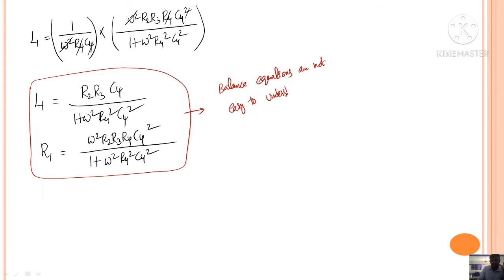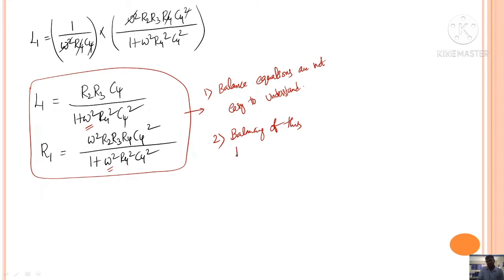This is one of the major drawbacks which we may observe. And the second drawback is the balance equations of this bridge depend upon omega. What is omega? Omega is 2 pi into f, which is the supply frequency.